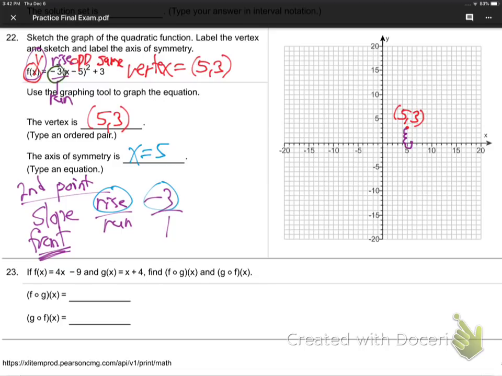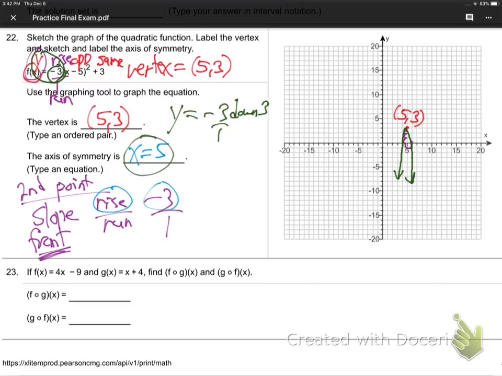Whatever's in the front, y equals, I've got y equals negative 3 over 1. So that's y, that's down, down 3. So down 3 over 1, and then down 3 over 1. There is the graph of the parabola, and x equals 5 is the line of symmetry.